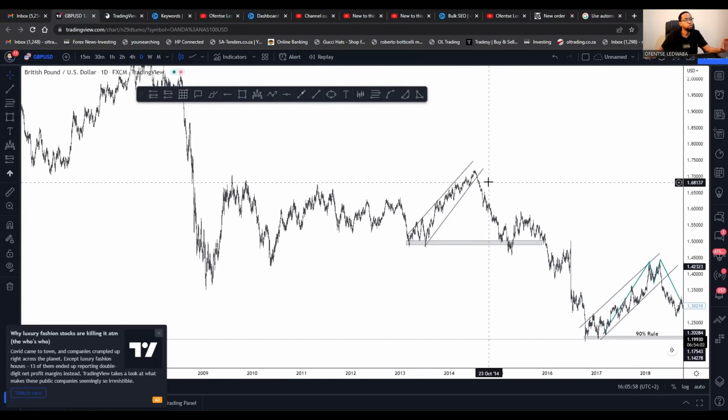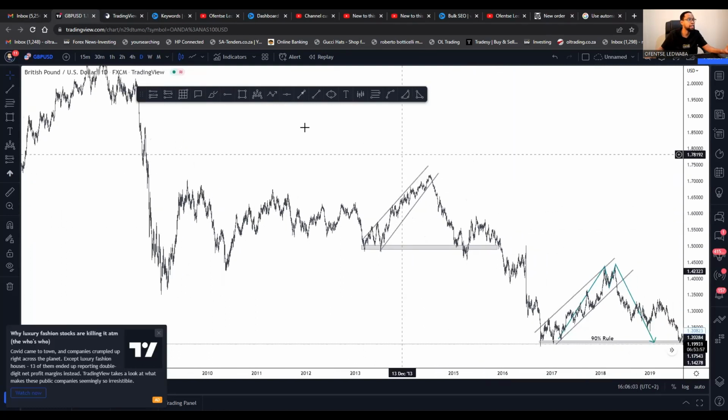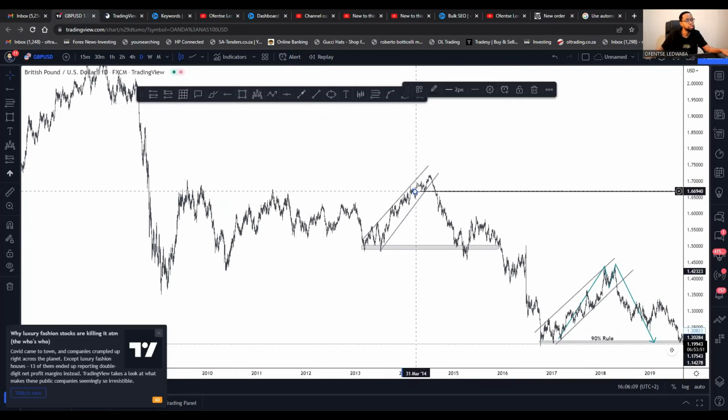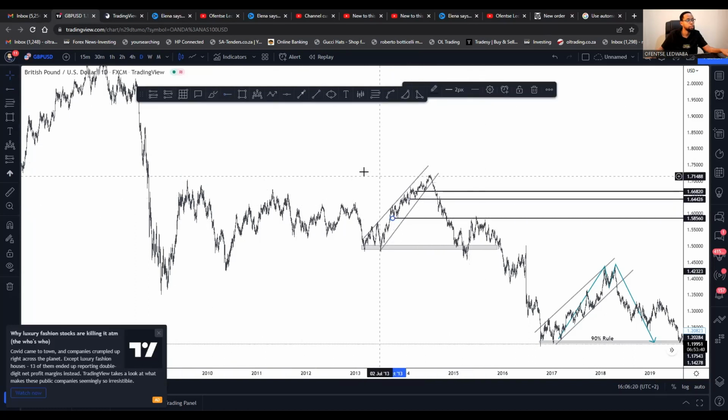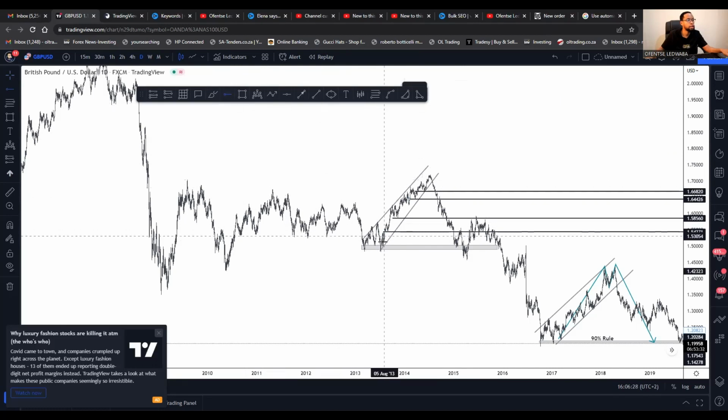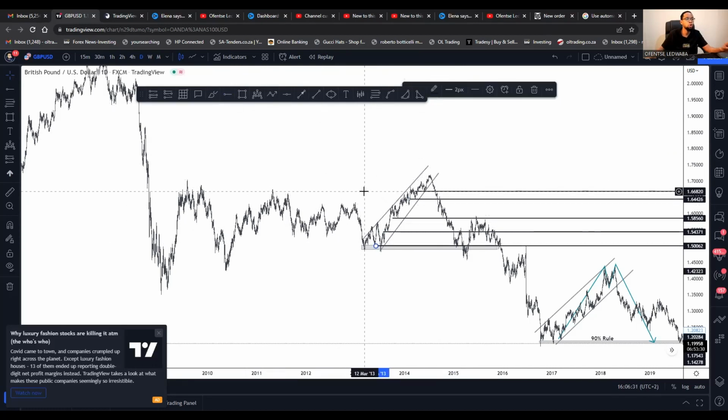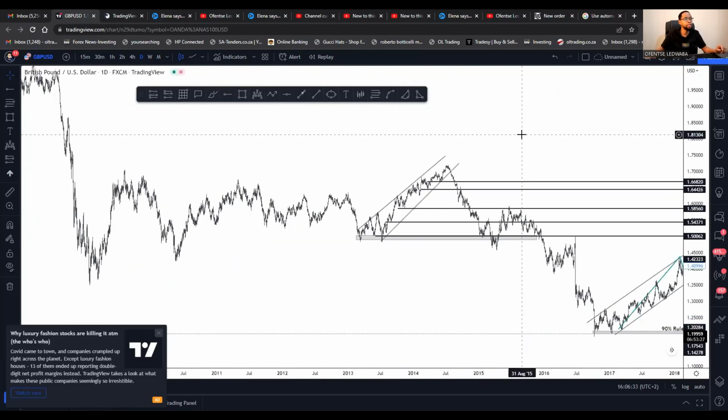But don't forget that sometimes the market tends to reverse before the 90% rule, but you would have catered for these positions, which will be your first TP, second TP, third TP, fourth TP: 1, 2, 3, 4. And our last TP will be where we have our 90% rule.